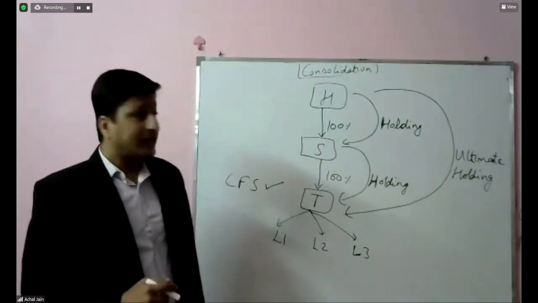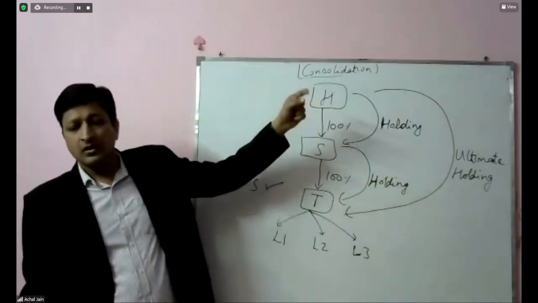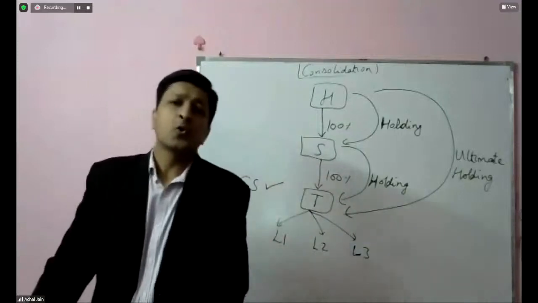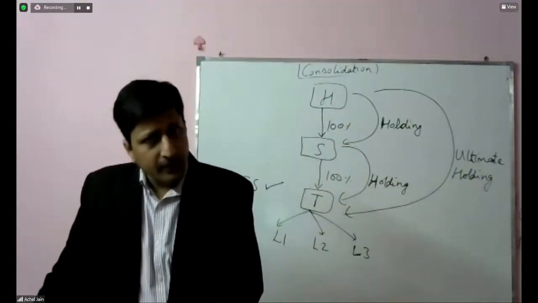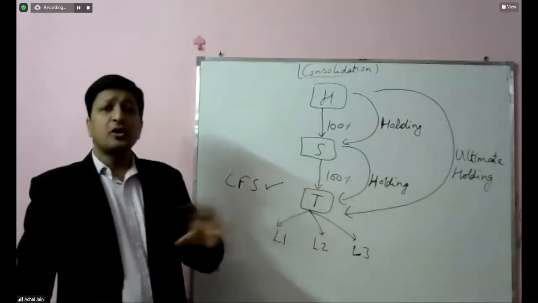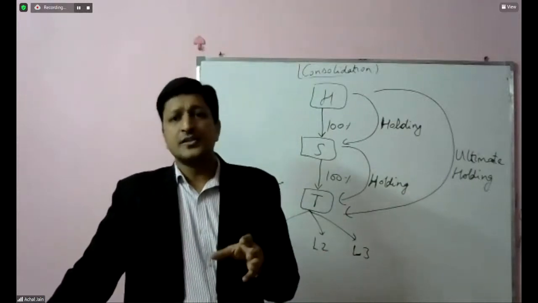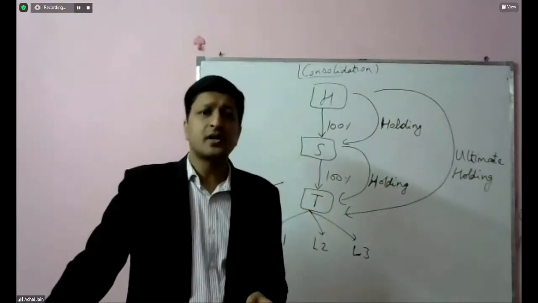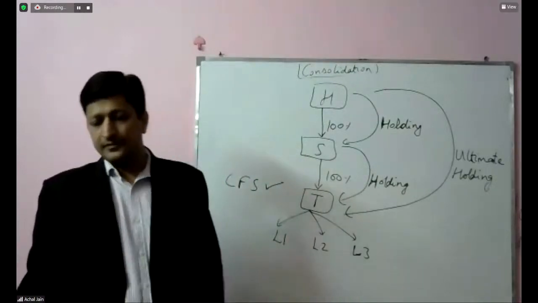Means T should have the consent of S, H of not preparing the consolidated financial statements. Number three, T should not be a listed company and should also not be getting listed. Means T should not be a listed company and should also not be in the process of getting listed.